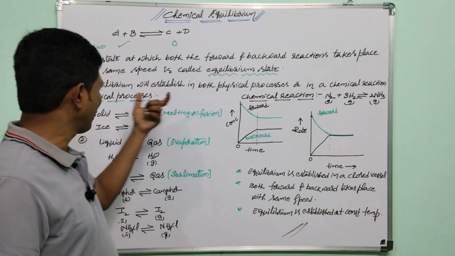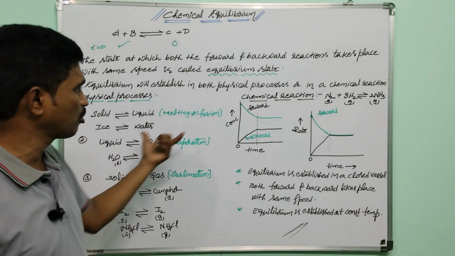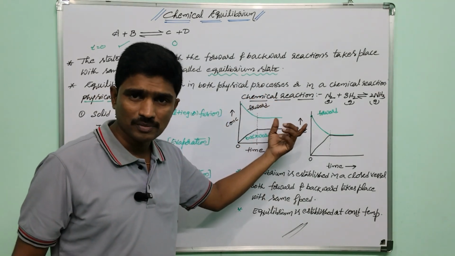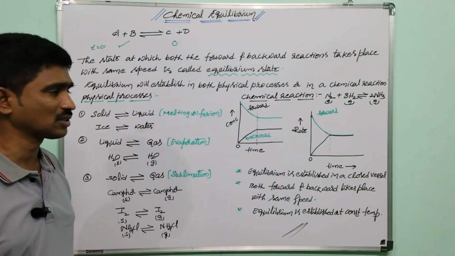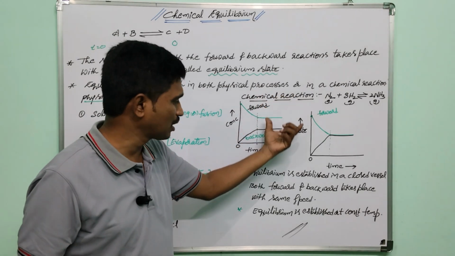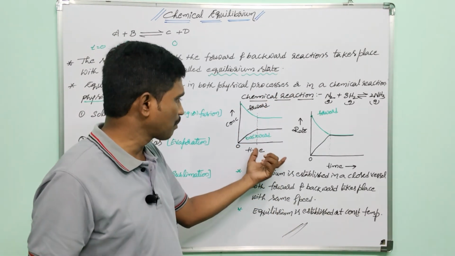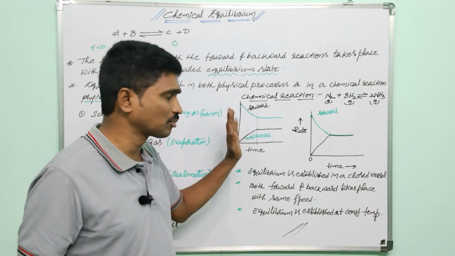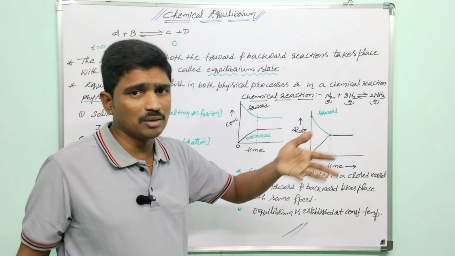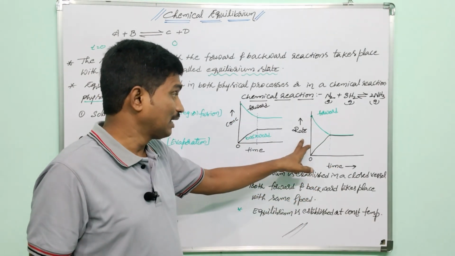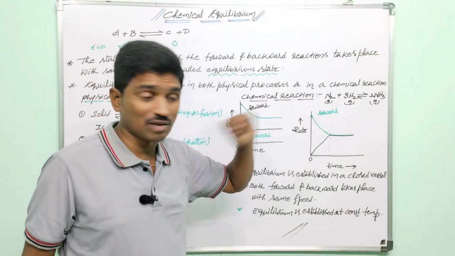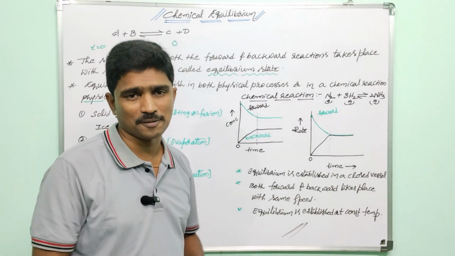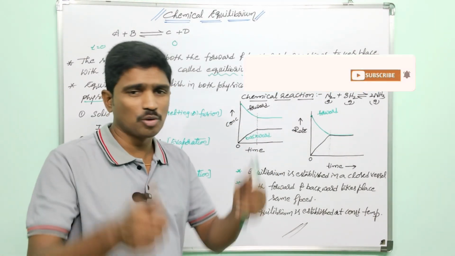And the equilibrium may exist in physical phenomena and chemical reactions. Examples for physical processes and examples for chemical reactions. What happens at equilibrium? Concentrations of reactants and products remain constant. They may or may not be equal, but rates are equal. Both forward and backward take place with the same rate. Okay, I hope you understand.